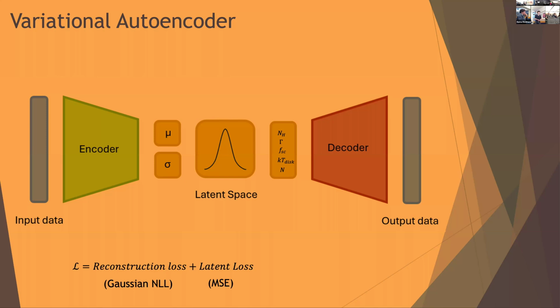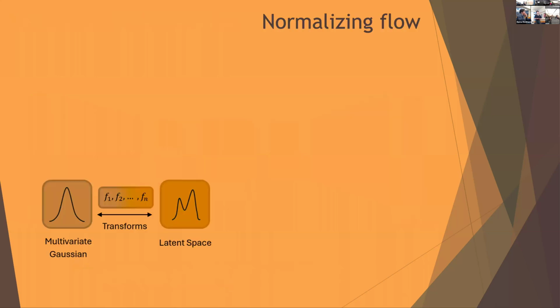This takes into account the errors in the input data and weights the data points accordingly. Then I used a similar mean square error loss, and also this KL divergence, which ensures that this latent space has a Gaussian shape. But this didn't work very well because the parameters aren't very well represented by a Gaussian probability distribution. So I went on to using normalizing flows.